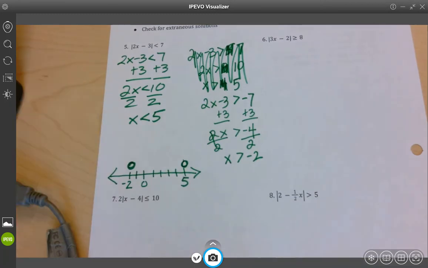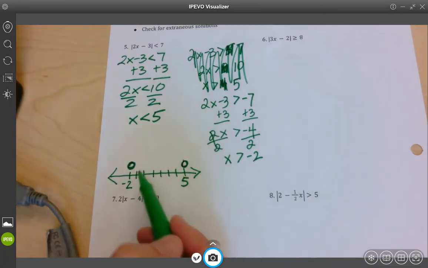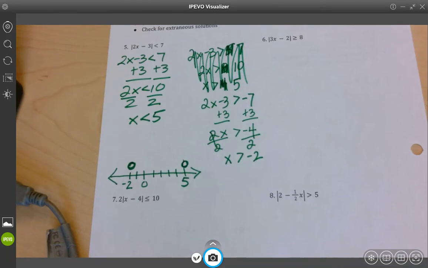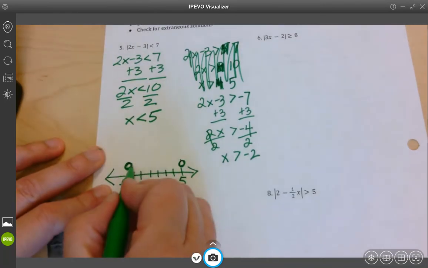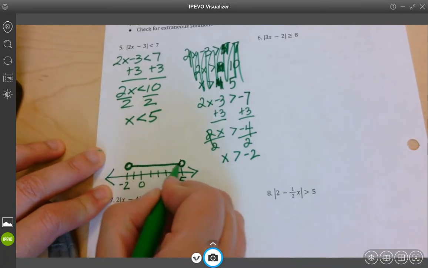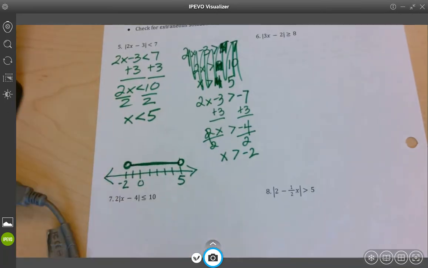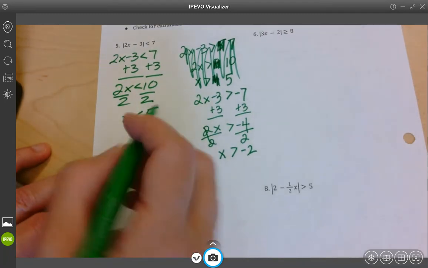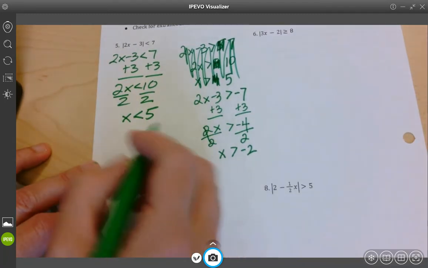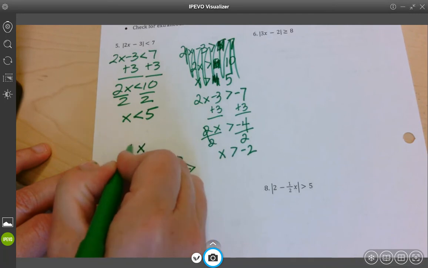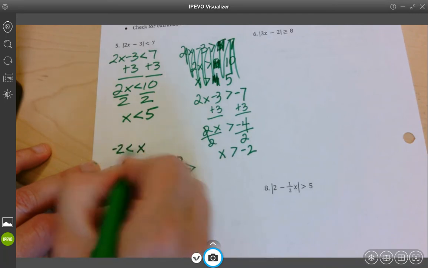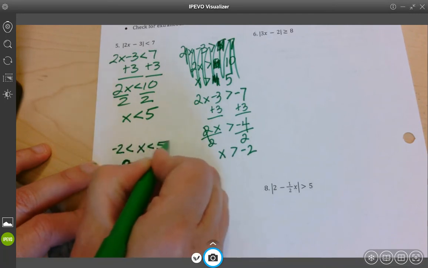Is it possible for a number to be both less than 5 and greater than negative 2? Yeah, it's the numbers in between. So in this case, it has to be both less than 5 and greater than negative 2. So putting those answers together, I would say x is between negative 2 and 5.